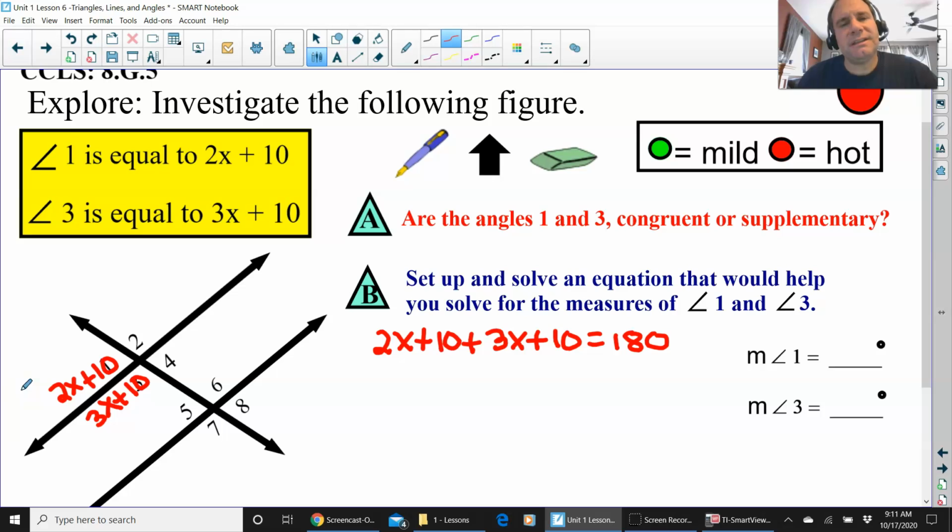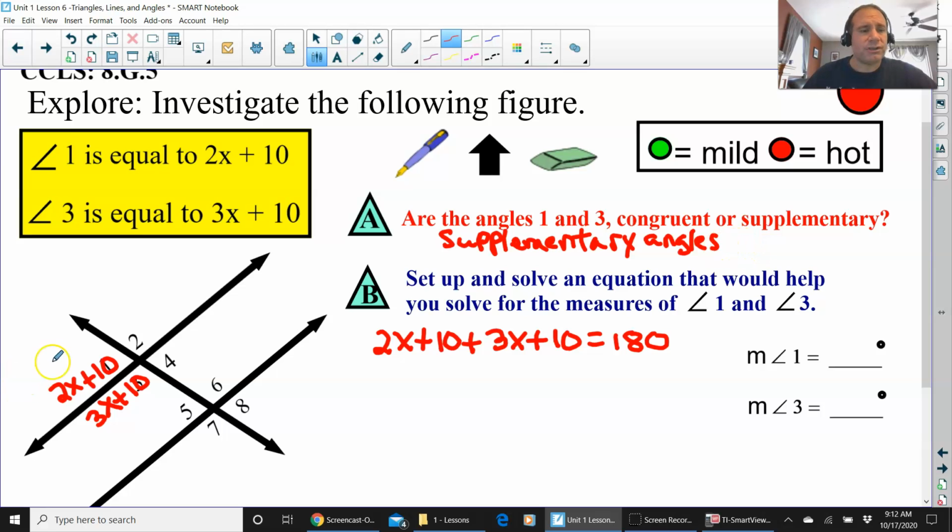So if you did say 2x plus 10 plus 3x plus 10 equals 180, that is correct, because these are supplementary angles. So to answer the first question, they are supplementary. And you could tell right away, because they are different measures.